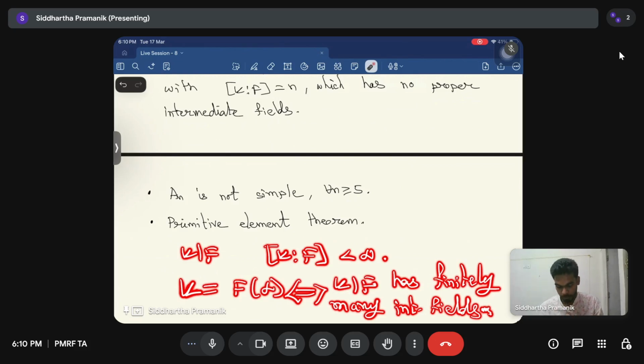And using Galois theory, we have proved that a finite separable extension is always primitive.